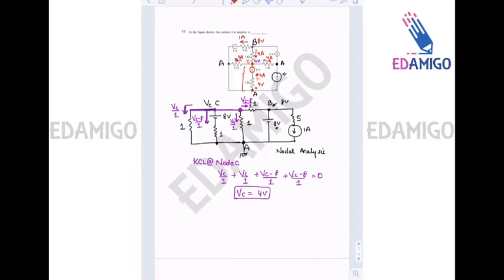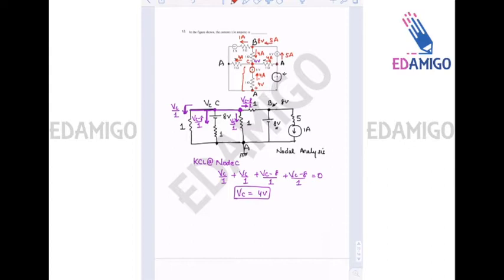So KCL at node B, you can see that 4 ampere is going downwards and 1 ampere is going to the right. So incoming current will be 5 amperes. So 5 ampere is coming here.